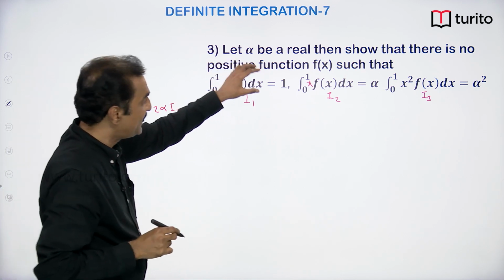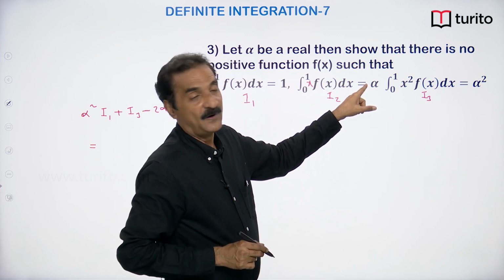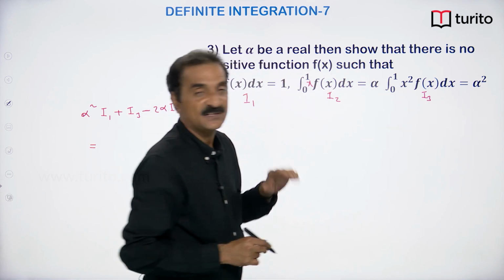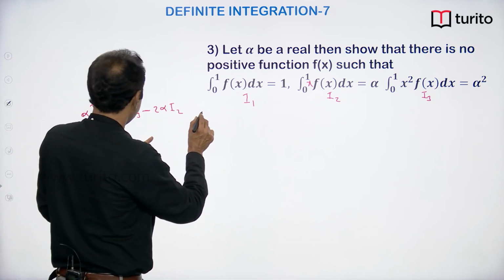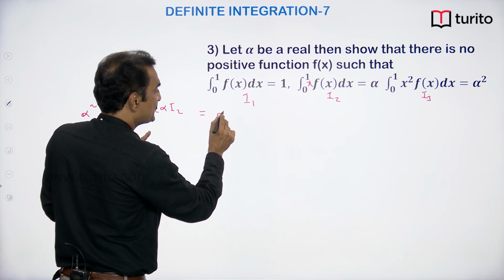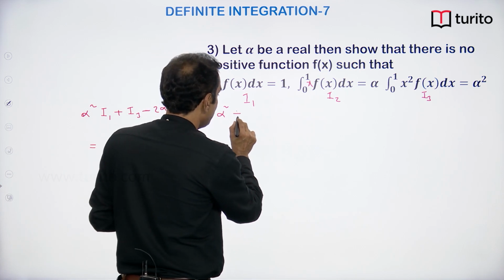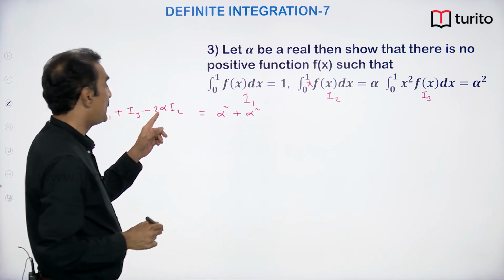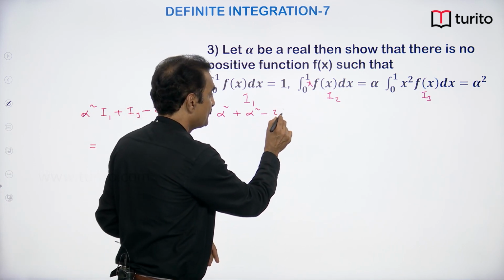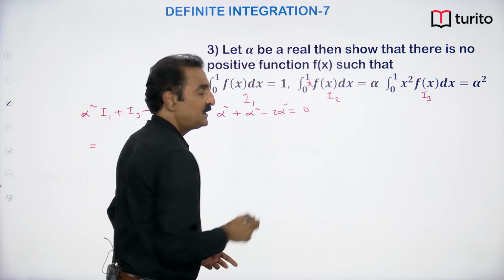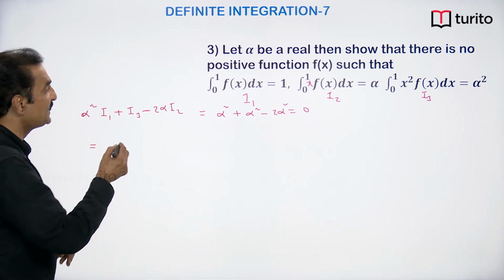I am multiplying this by alpha square and this by 2 alpha, and this plus this minus this will be 0. What is this? Alpha square into I1 is alpha square, plus I3 is alpha square, minus 2 alpha I2 is minus 2 alpha square. It is 0.